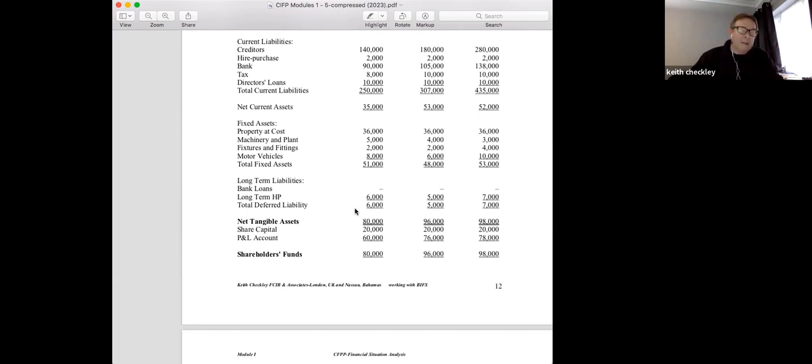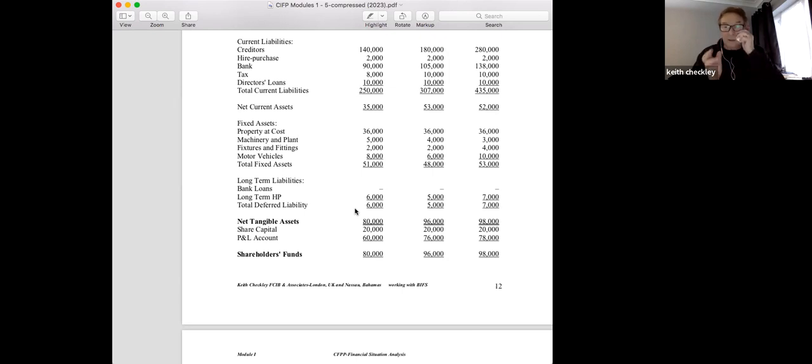Now, as I explained to you last week, towards closing, if we weren't sure, if you add the current assets and the fixed assets, that will give you the total assets in any business, no matter how complicated it looks. And then if we add the current liabilities and the long-term liabilities, we'll get all the liabilities. And if we take all those liabilities away from the total assets, we should get something that we can call the business net worth, just like we did with the personal net worth.